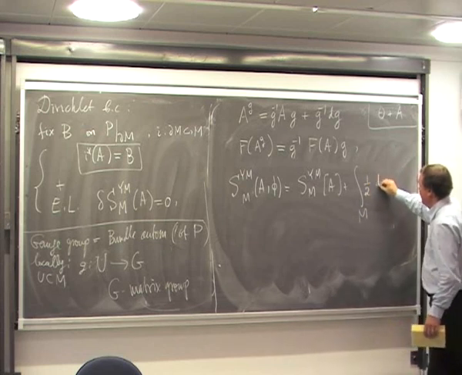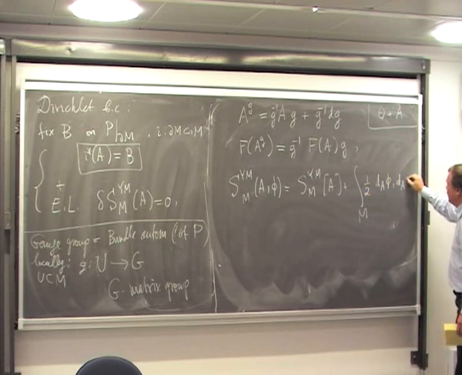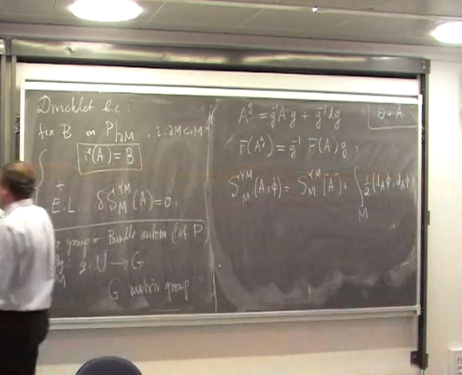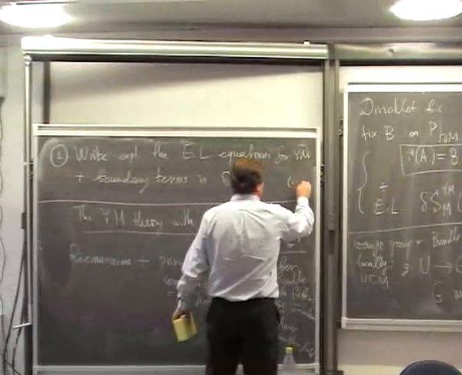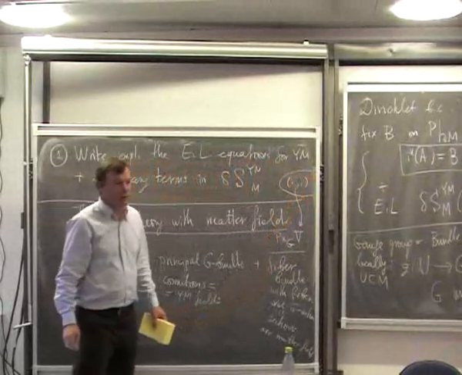That would be 1/2 d_A phi, d_A phi, and I assume that this space V has a G-invariant scalar product.